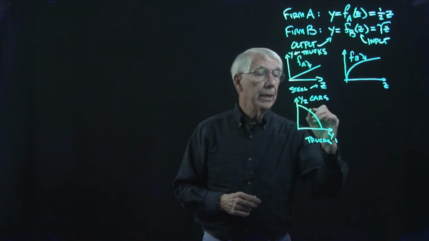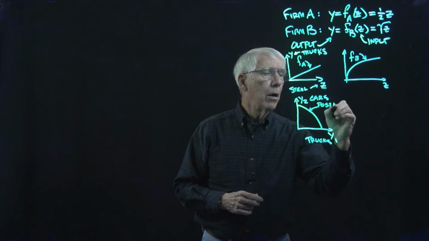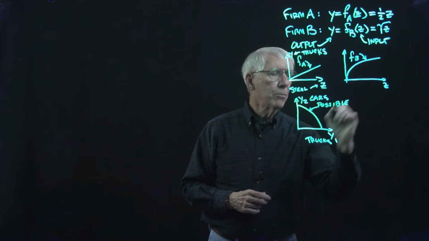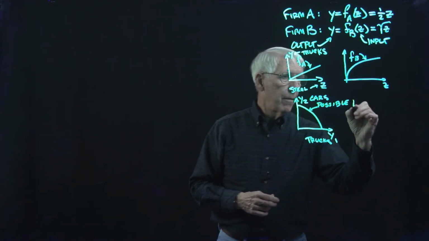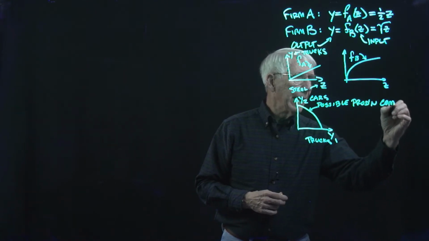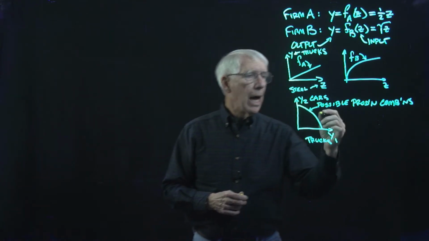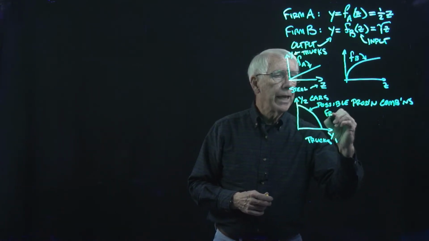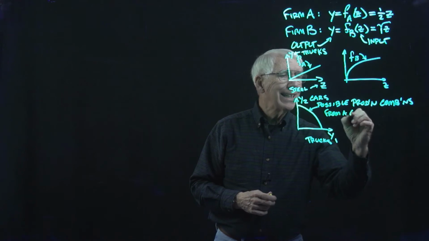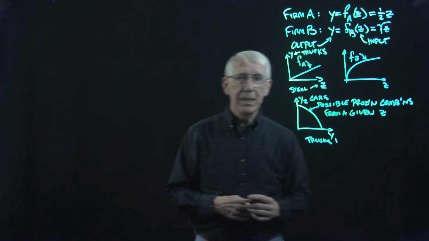And this would be the set of all possible production combinations, trucks and cars, that we could get from some given specific z vector.